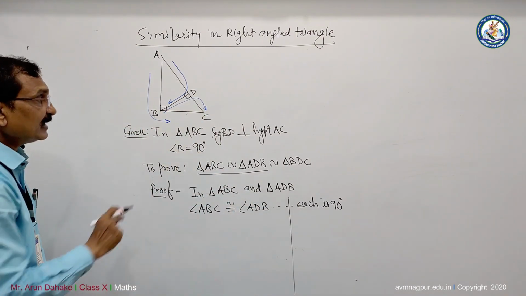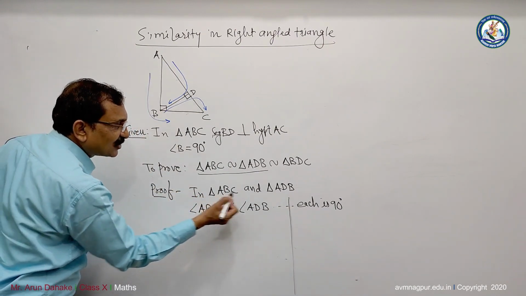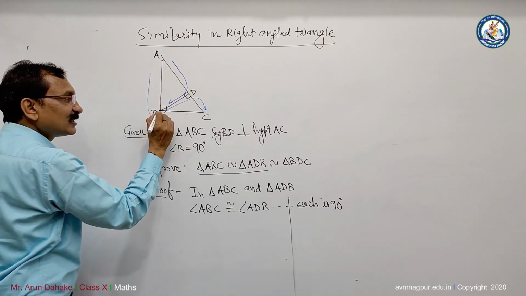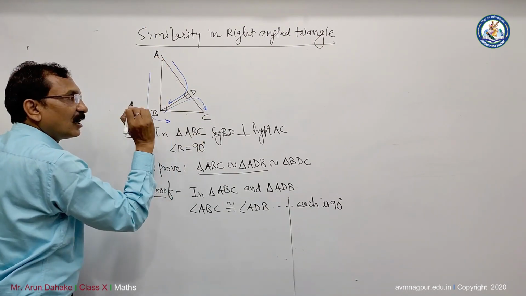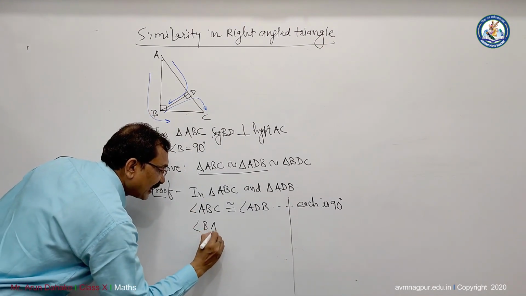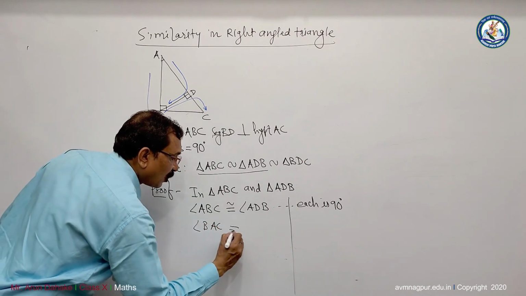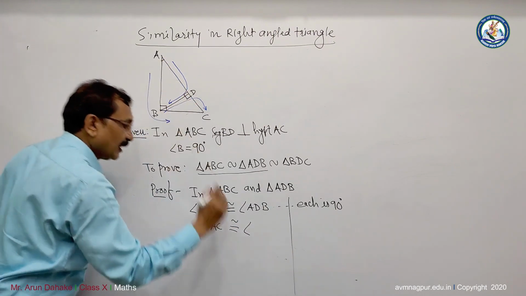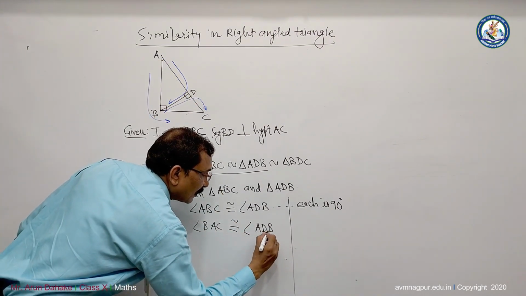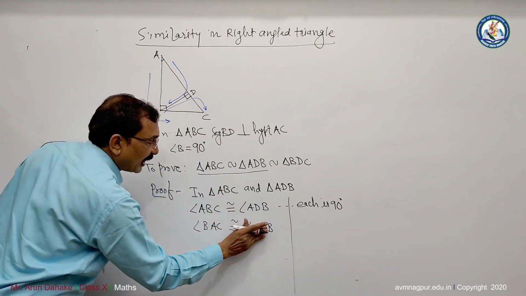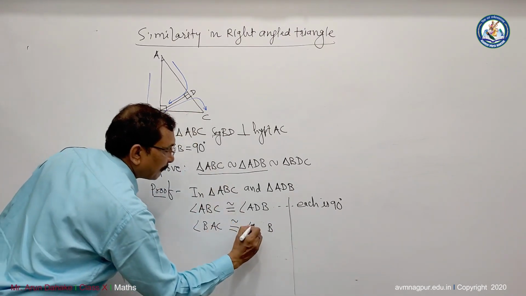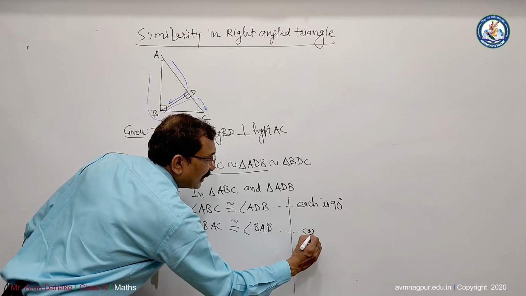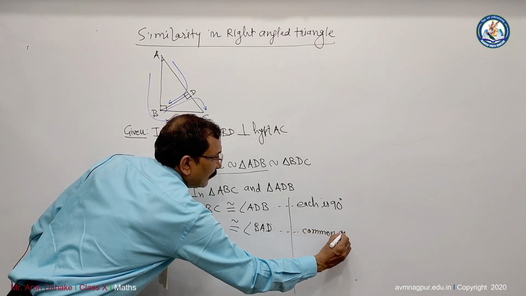One reason is there. The second is that both triangles start from A, which means vertex A is a common angle. So angle BAC is congruent to angle BAD. The reason: common angle.